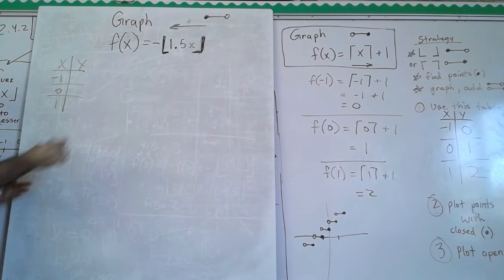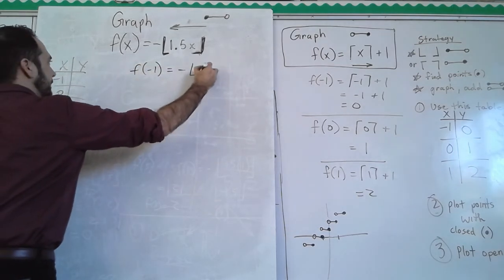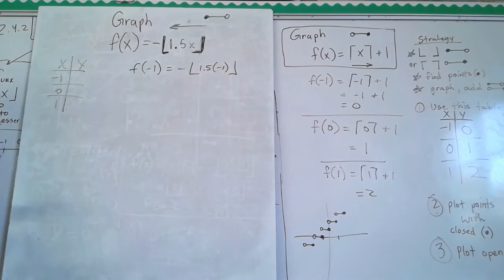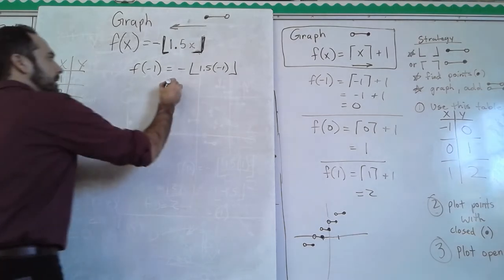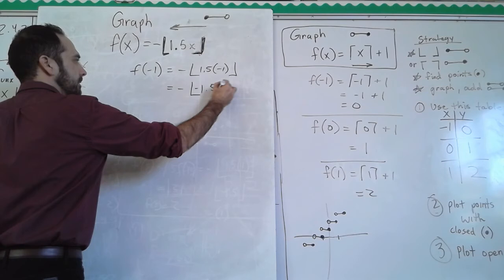All right, so let's see, f of -1: negative floor of 1.5 times -1.